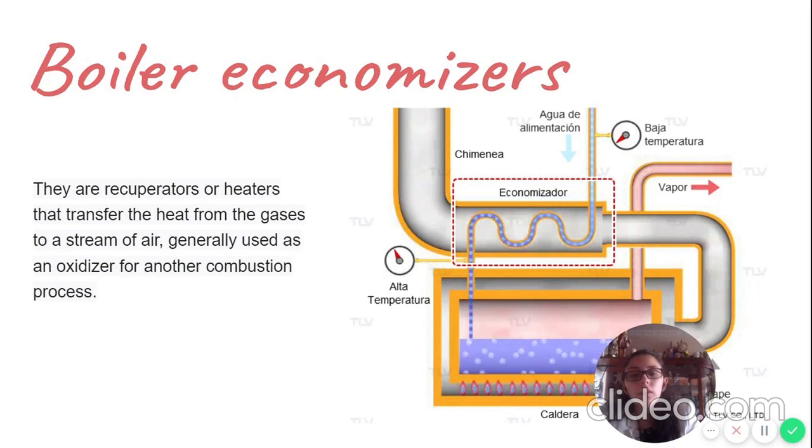Aerators transfer the heat from the gases to an air stream, generally used as an auxiliary for another combustion process. They are basically made of a boiler of conventional grooved tubes, inside which the water to be heated circulates while the combustion gases beat the outer surface.